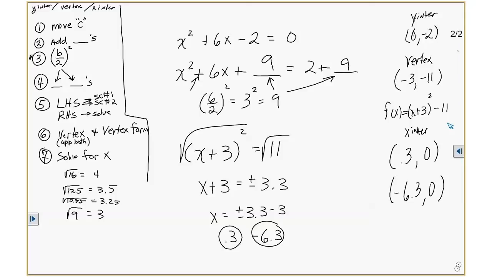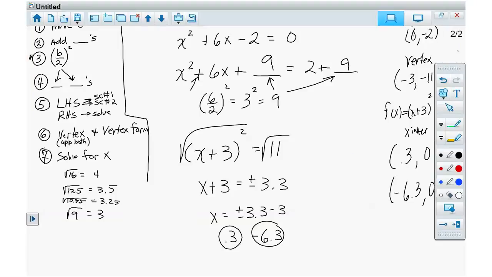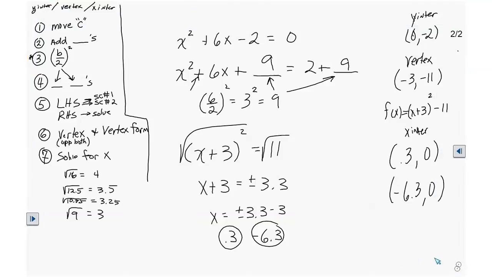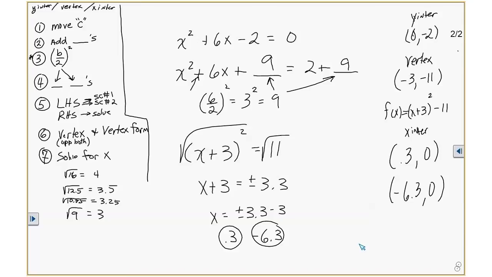Domain, range, increasing and decreasing. I'll do domain for you. Domain is all real numbers.